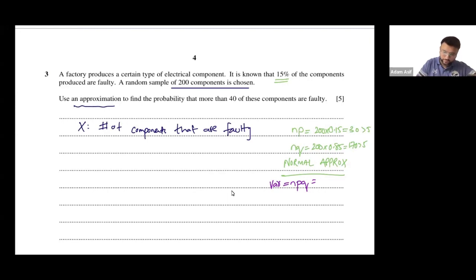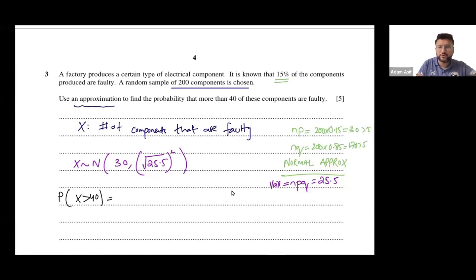So variance comes out to be 25.5. So I'm going to say X follows a normal distribution with mean 30, and the variance is square root of 25.5, the whole thing squared.